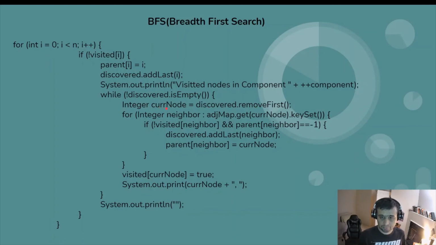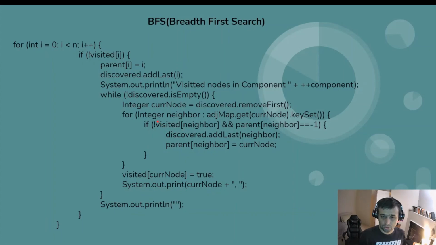And once we get that element or node, we will treat that as the current node, and then we will iterate over the neighbors of that particular node, looking for all the neighbors which are unvisited and undiscovered.